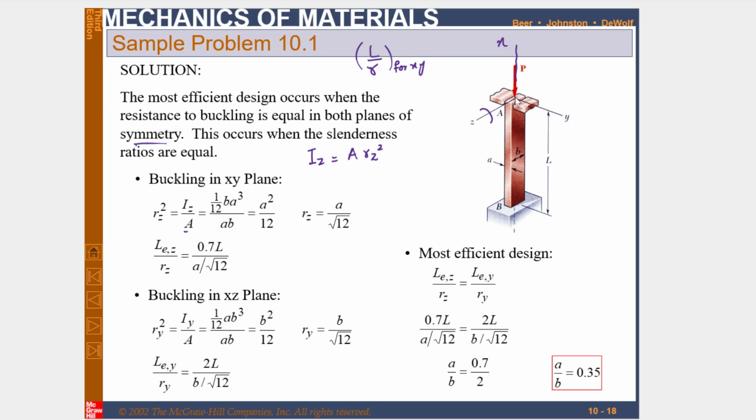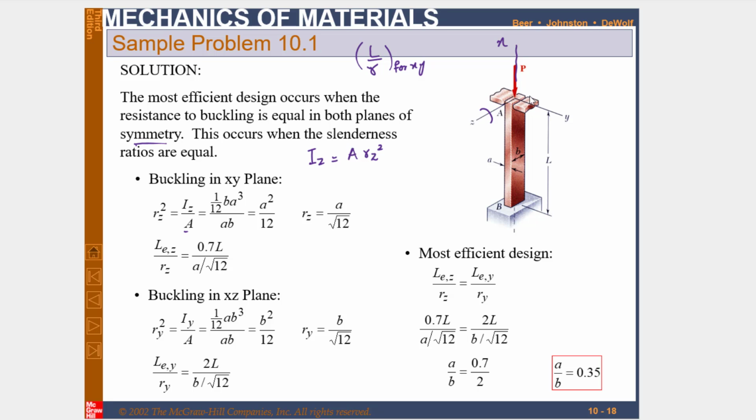Now you can see this is x, this is y, and this is the moment of inertia about the z-axis. This is your height and this is your breadth.